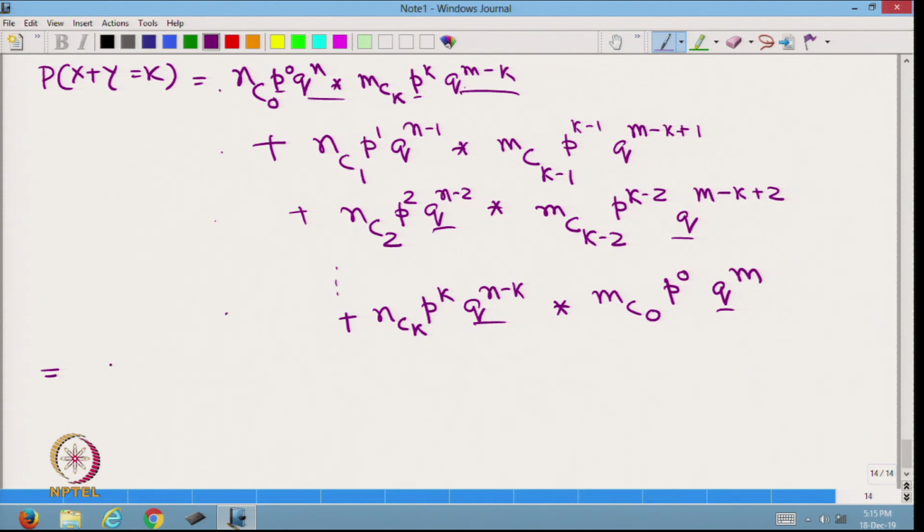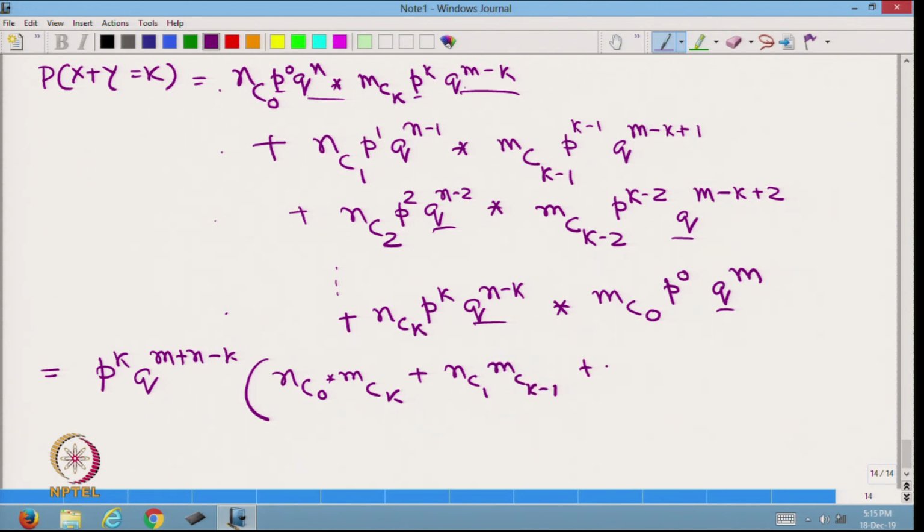Therefore, we can write it as p to the power k q to the power m plus n minus k multiplied by n c 0 into m c k plus n c 1 into m c k minus 1 plus up to n c k into m c 0.